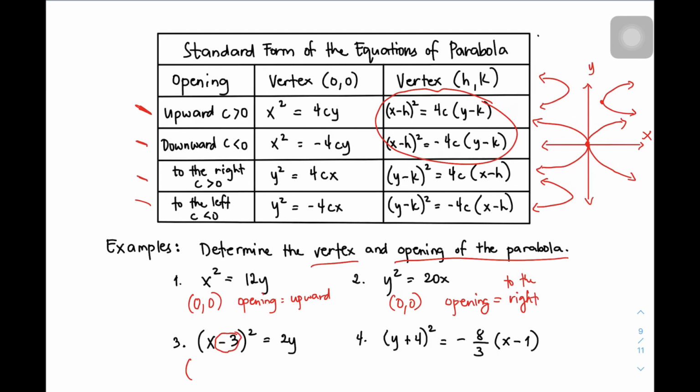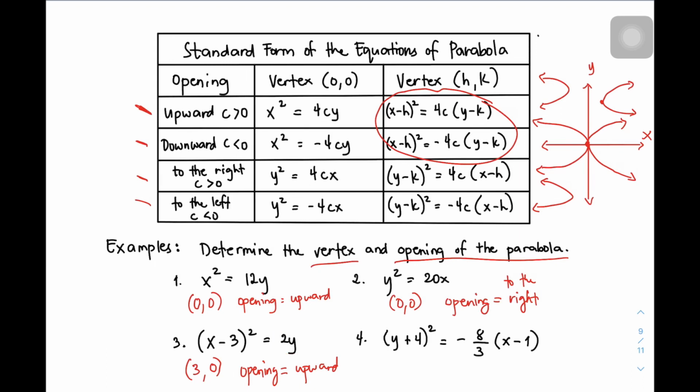If that is negative, meaning yung h mo ay positive 3. Tapos kung mapansin ninyo, wala namang numbers dito, walang minus or plus, automatically that is 0. Yung vertex niya ay (3, 0). Sunod, yung opening naman. Ang opening niya, since this is positive, ibig sabihin ay upward. Ganyan na kasimple number 3.